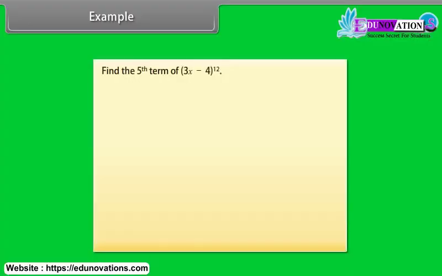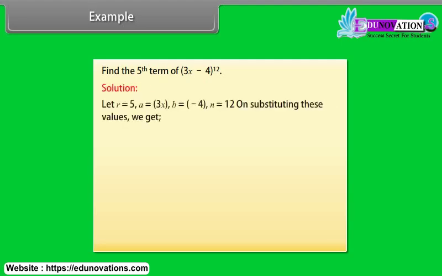Example: find the fifth term of (3x − 4)^12. Solution: let r is equal to 5, a is equal to 3x, b is equal to minus 4, n is equal to 12.